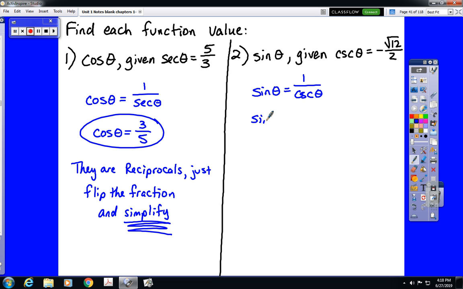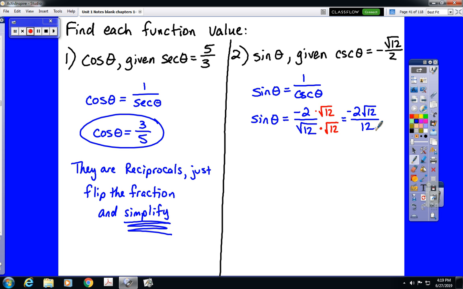So that means that the sine of theta would still be negative, but it would be negative 2 over the square root of 12. Now we have discussed that we're not allowed to leave root 12 in the denominator. So we would need to start by rationalizing the denominator, multiplying the bottom and the top by the square root of 12, which would give us negative 2 root 12 over 12.